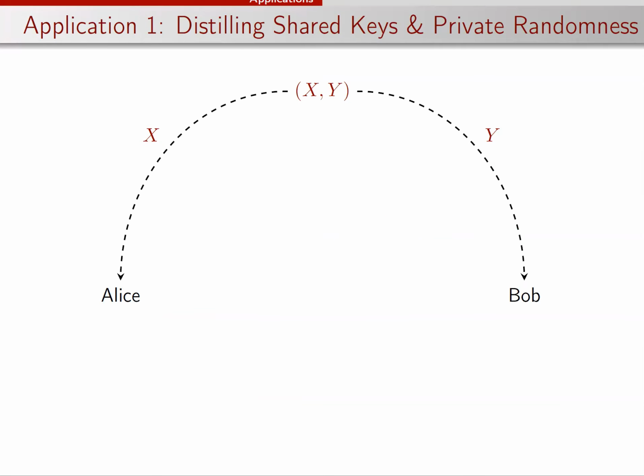So let me start with some motivation for our work. Consider a setup where Alice and Bob sample from a joint distribution. Alice gets X and Bob gets Y. A Genie who observes the sample provides a system Z to help Alice and Bob.